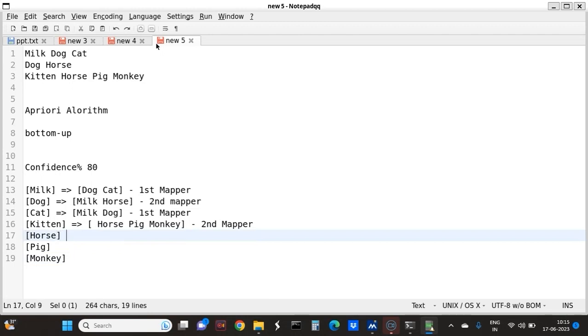So pig and monkey are there only in kitten, but horse is in dog and kitten, pig, monkey. This is again done by the first mapper.